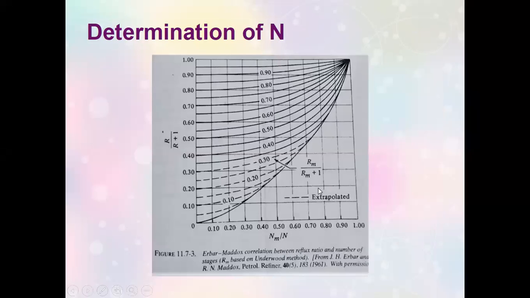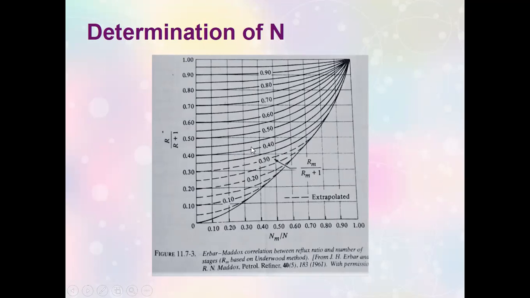So if you know this and this one is given in the problem, you can solve for n. You can solve for n after you have read out the corresponding value that you will be able to project here on the horizontal axis, after you have this value and this value already.